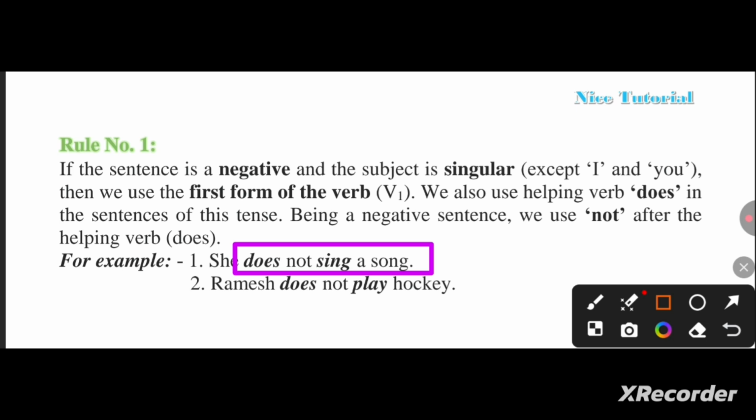Here, when the sentence is negative, then we generally use does not. The condition is that if the subject is singular except I and you, then we use does not and the first form of the verb. Here we don't use S or ES with the first form of the verb if the sentence is a negative one.